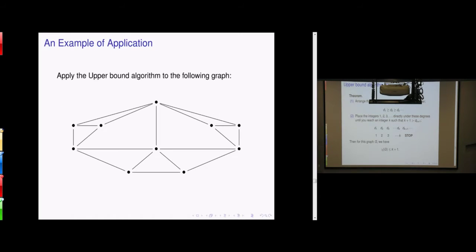To make it concrete, I want to use this algorithm to get an upper bound of the chromatic number of this graph. First we need to list the degrees in decreasing order. Let's check: degree 3, degree 4, degree 3, degree 5, 3, 3, 4, 5, 3, 3.